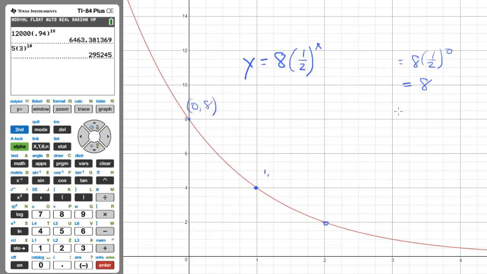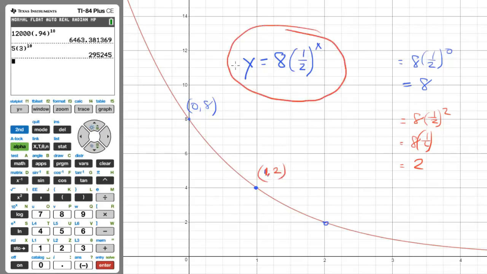Now let's try to plug in 2. So following this equation would be 8 times 1/2 to the power of 2. Well, a half times a half is a quarter, so that's 8 times 1/4, and 1/4 of 8 is just 2. So that means that it has the point 1, 2 on this graph. So in any event, this is our equation right here. Y equals 8 times 1/2 to the power of x.